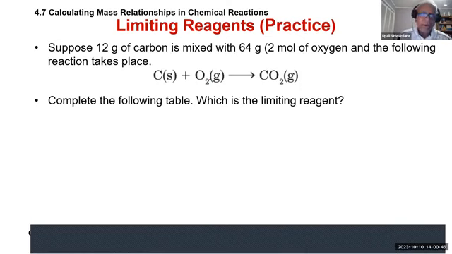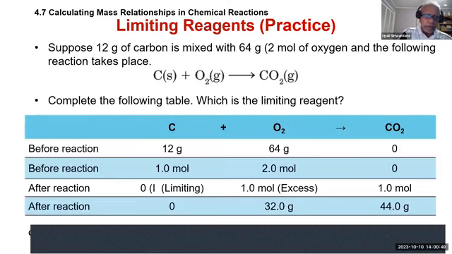Complete the following equation. Before the reaction, 12 grams, there's no products. Before the reaction, that's 1 mole. Carbon has a molar mass of 12. 12 divided by 12 gets 1. 64 divided by 32.